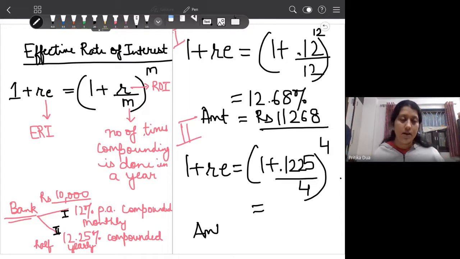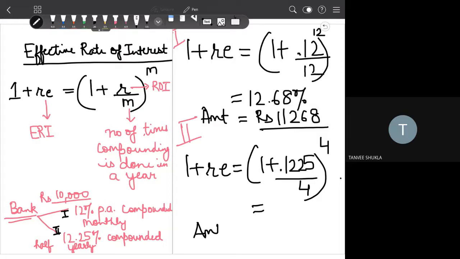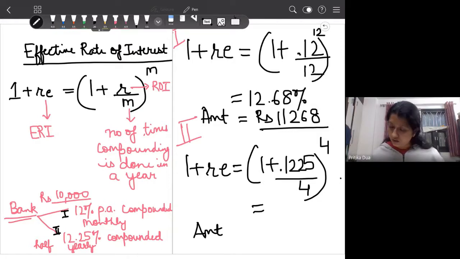Yes, Tanvi? Ma'am, for half yearly, we have to divide it by 2, right? Yes, I have taken it quarterly. Yes, divide by 2 and multiply by 2. So please tell me what the effective rate is coming to in this option.